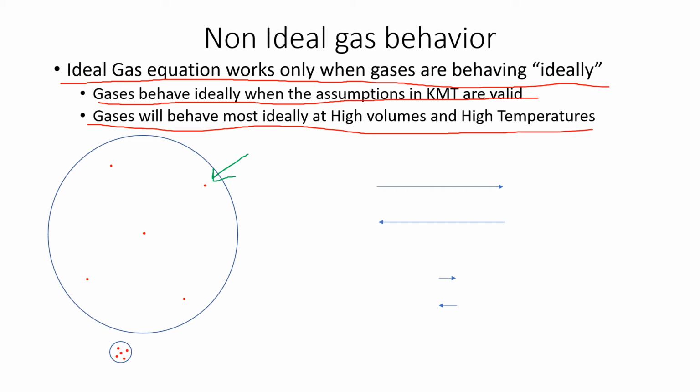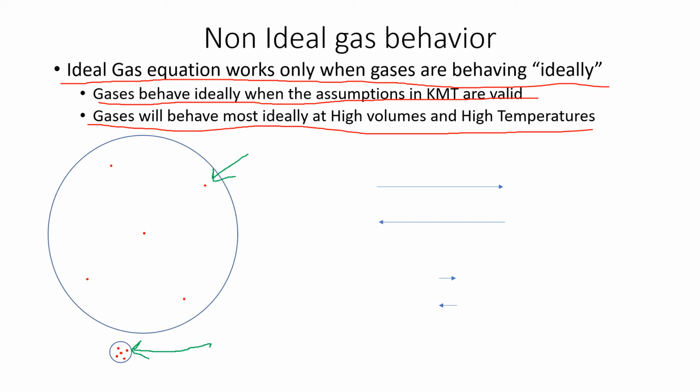We can ignore that. But if we take those same 5 particles and start putting them into a much smaller volume, shown below, we may not be able to safely ignore the volume of the particles themselves, in which case we're not going to be behaving very ideally either. So that's why the big volume is important.